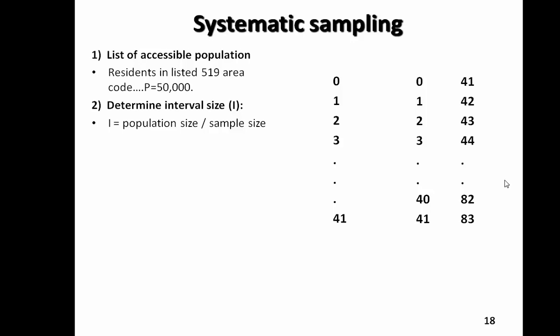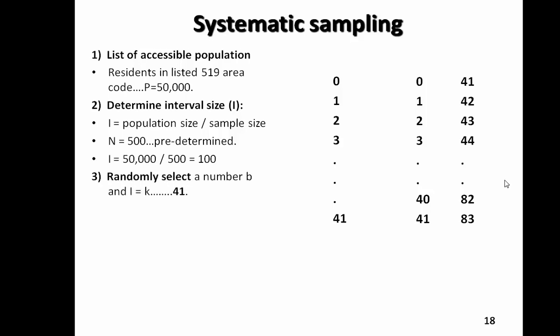The researchers must have predetermined a sample size. So, for example, if the researchers are interested in a sample size of 500 out of the original population of 50,000, the interval size would be 100, that is, 50,000 divided by 500.